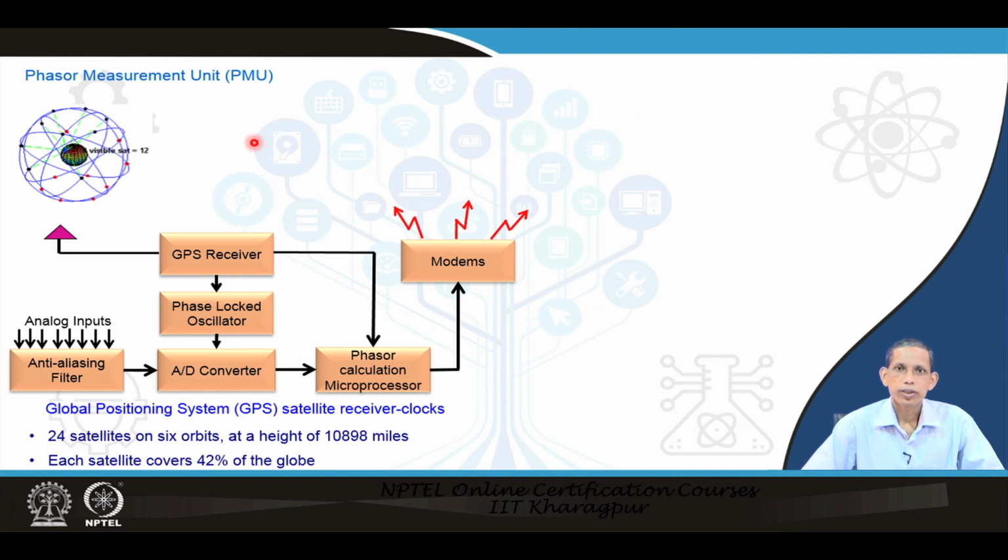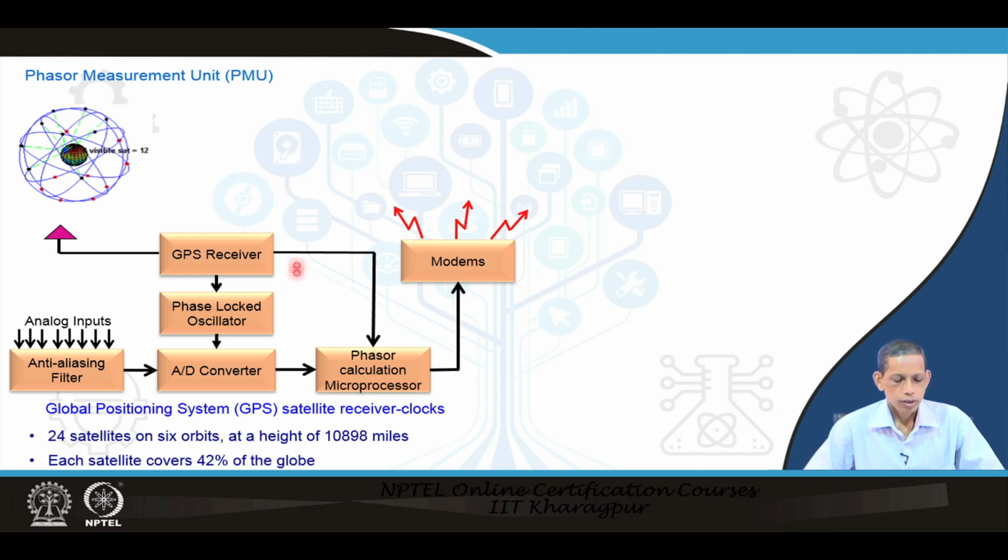What is the phasor measurement unit, PMU? As such, we know this is a device that was conceptualized from the relaying domain, the relaying area, and it has gone to many other areas of application in power systems, particularly monitoring and control applications also.